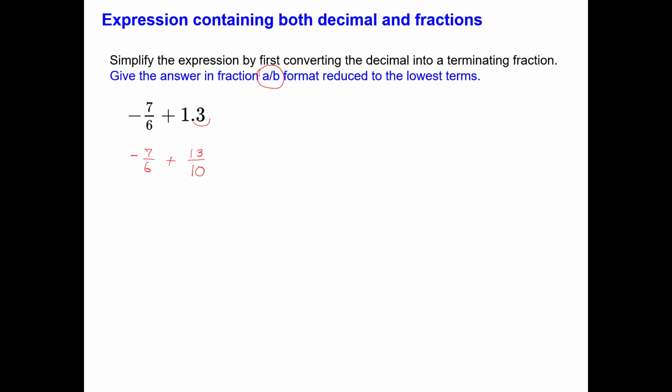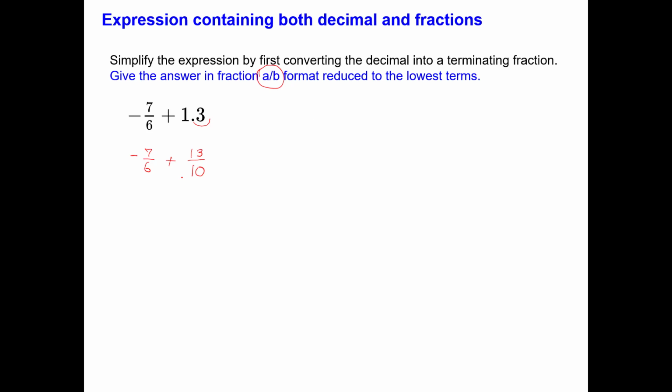Yes. Now it's not possible to simplify it right now. Then what we need to do is add the fractions. To add the fractions, we need to find the LCD. The LCD of 6 and 10 equals, let's see, 30.